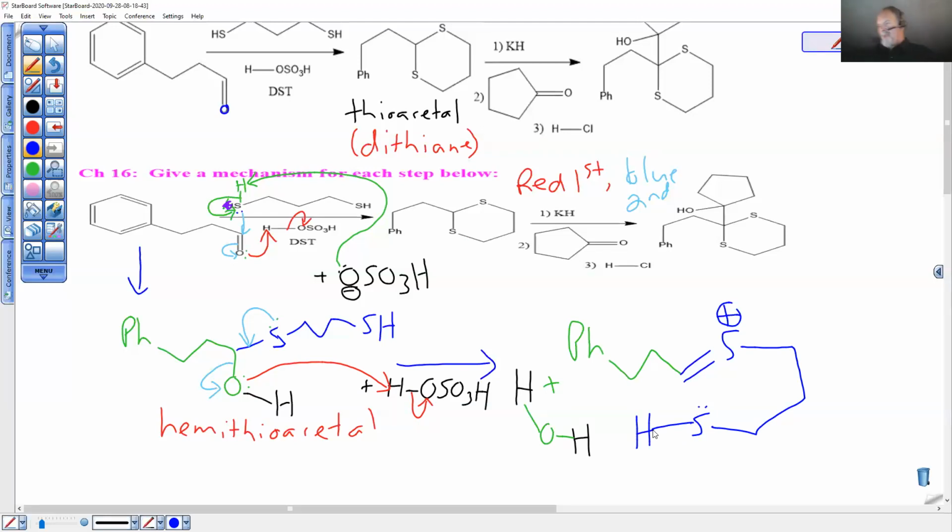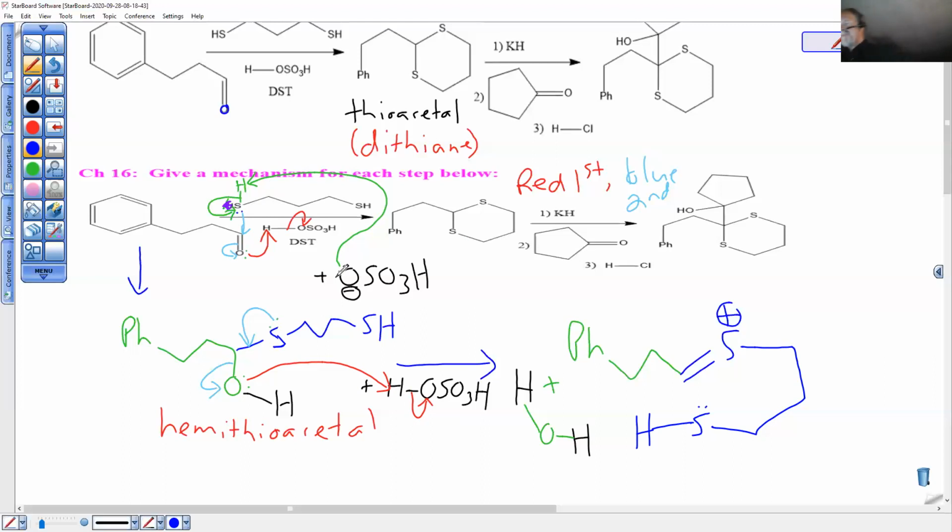But the first step is much like step 1 here, created an activated carbonyl. What did you do after you activated the carbonyl? You attacked it with sulfur. And then what did you do after you attacked it with sulfur? Third step, remove the proton with the conjugate base of sulfuric acid.